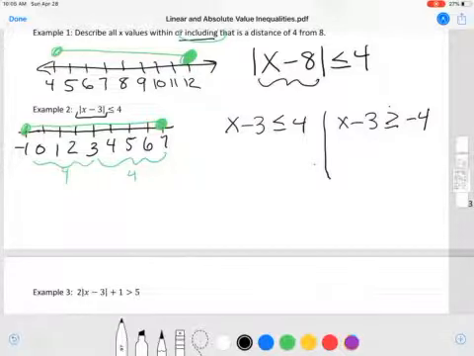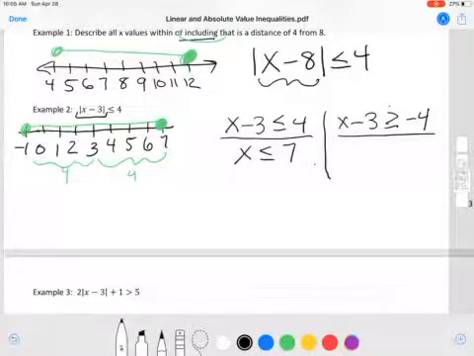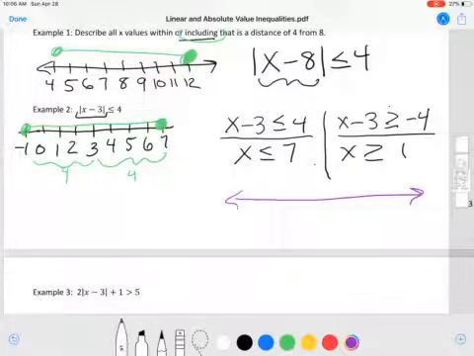So for this first one here on the left, I'm going to add 3 to both sides. And then for this one here on the right, again, I'm going to add 3 to both sides. And so I get x is less than or equal to 7 and x is greater than or equal to negative 1. Now, when I look at that on the number line, and I graph each of these individually, let's graph this in red.